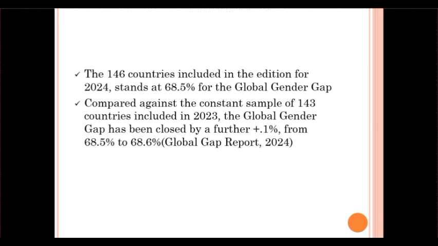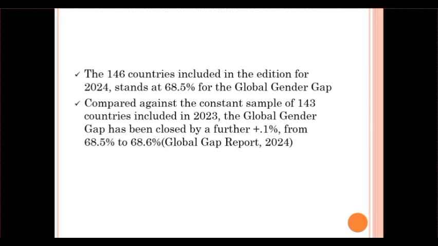There are 146 countries that were included in 2024, and they are just 68.5% through. Meanwhile, they are heading to 100%. That means the gender gap for allowing both men and women to be in the public workforce has just been closed by 68.5%, just within 146 countries.